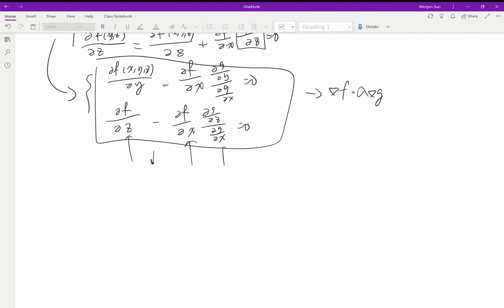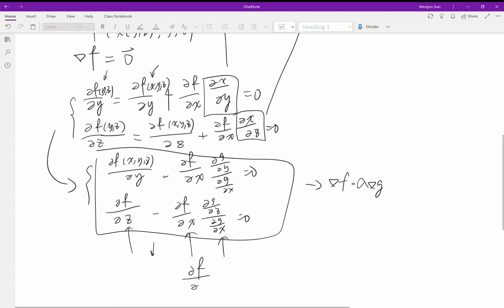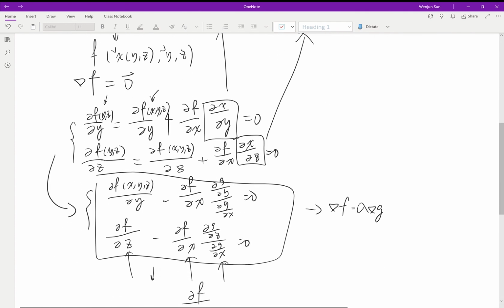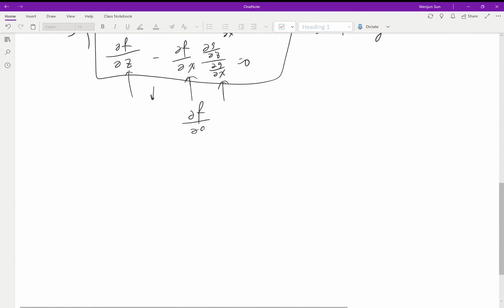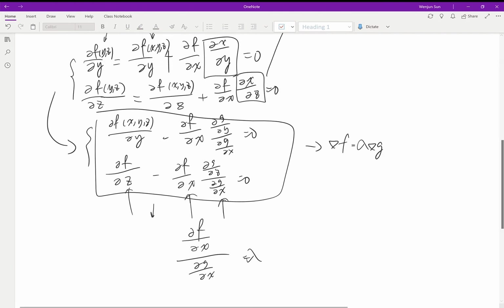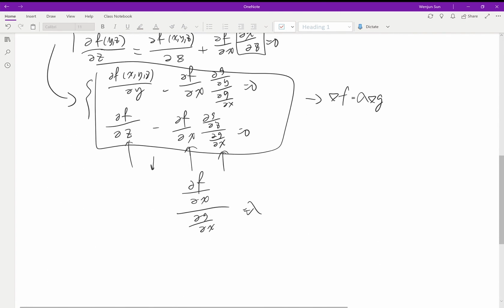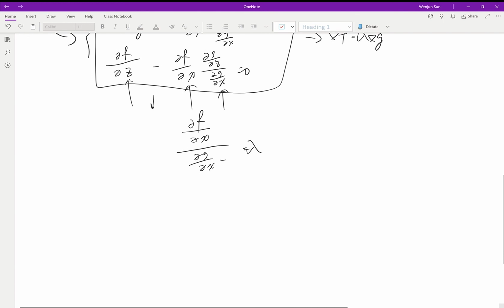And since del g over del x is not 0, I'm going to set del f over del x over del g over del x equals lambda, just a constant. This is just my trick, right? And this is allowed because this is non-zero.